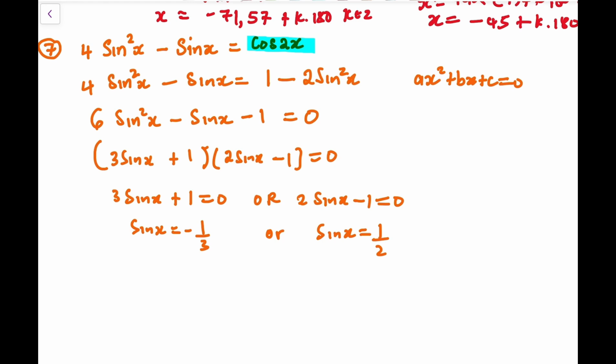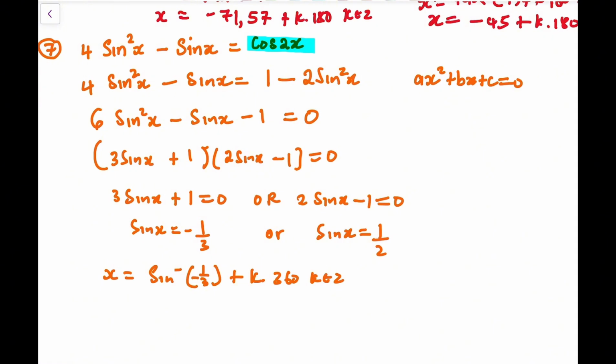So we are going to have x is equal to arc sine of minus 1 over 3, plus k multiplied by 360, k is an element of all integers. Now, what is arc sine of minus 1 over 3?